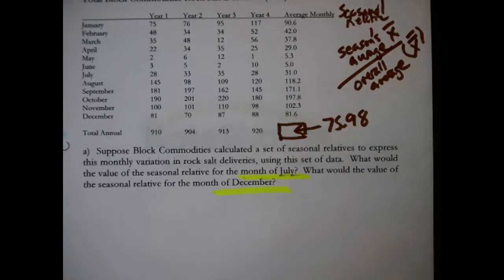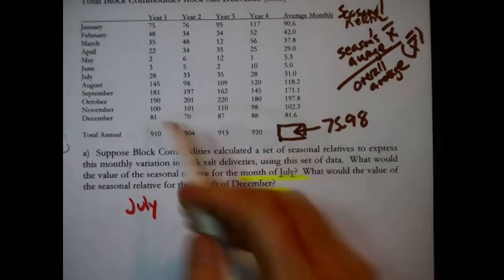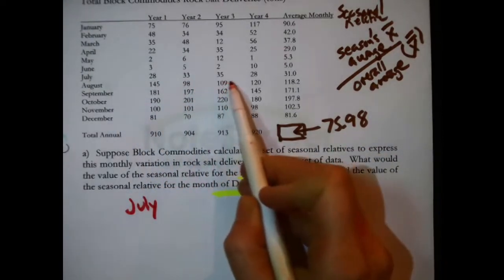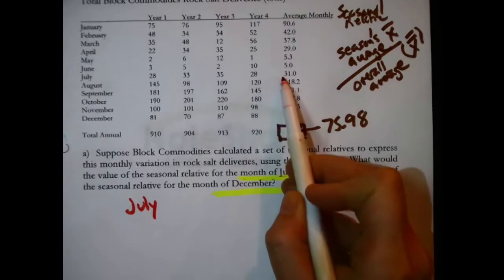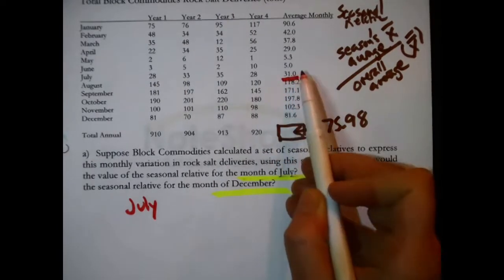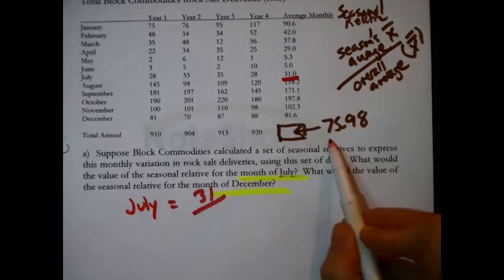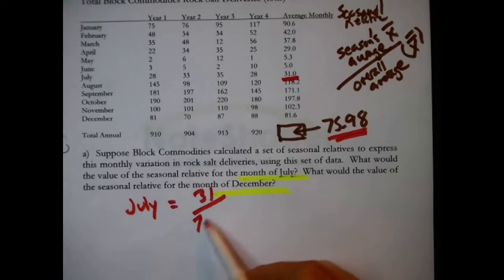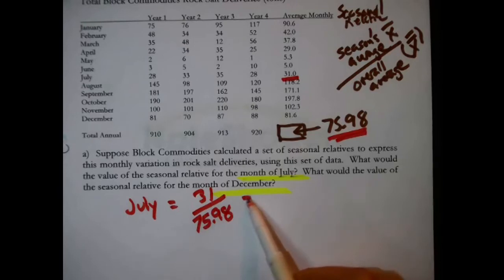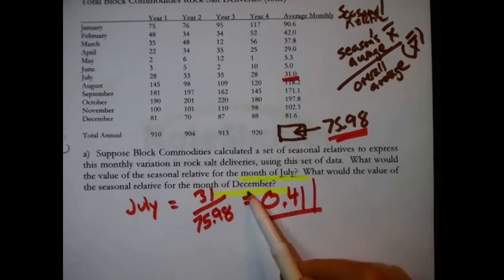It's a ratio. For July, let's retrieve the right one. You take the actual average for the season, so that's 31, and you divide it by my X double bar, my grand average, my average of the averages. I did that, and I got basically 0.41. Perfect.